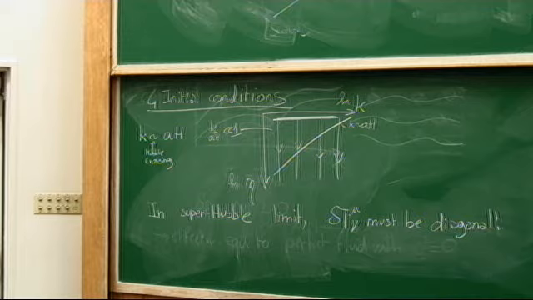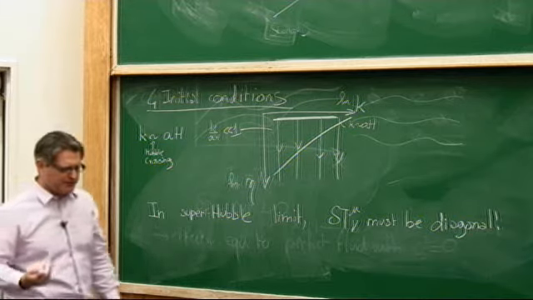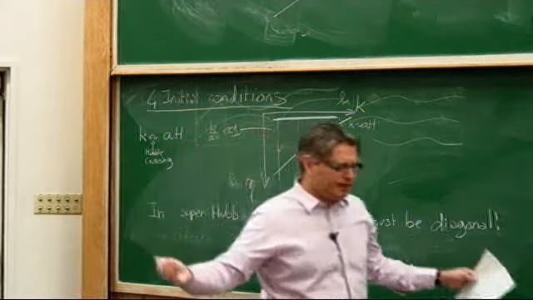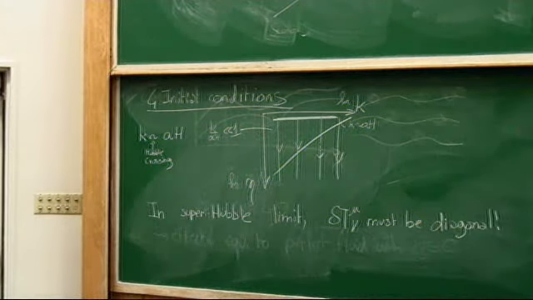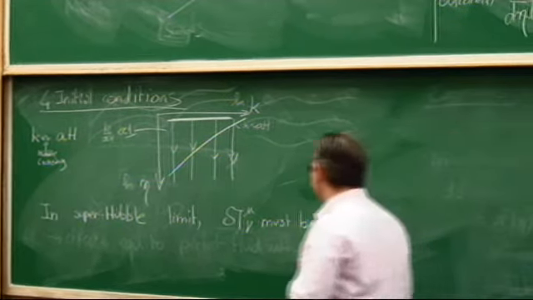This can be shown in very different ways. It's a deep statement. It tells you that the physics outside the horizon is very similar to the physics describing the background evolution.